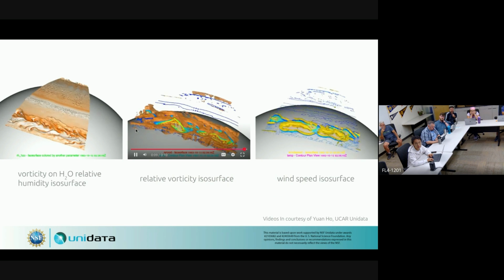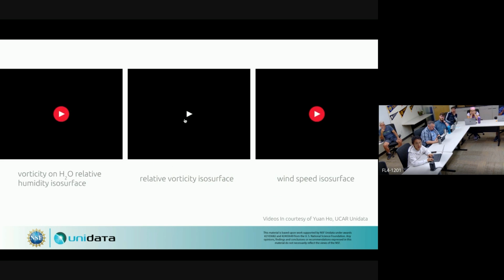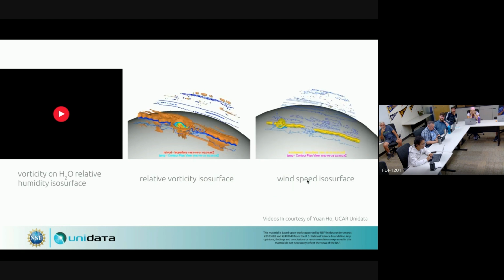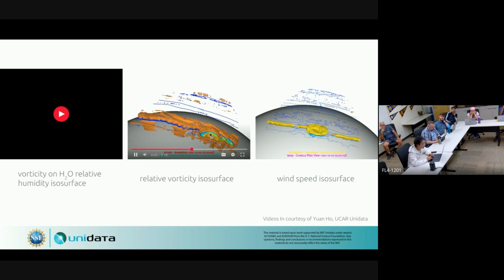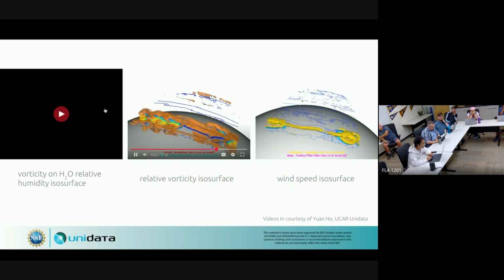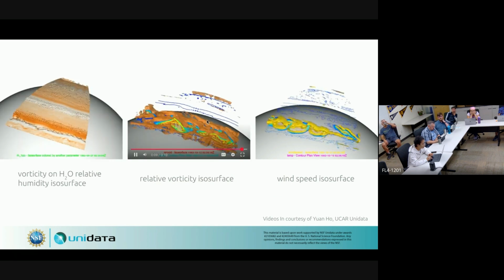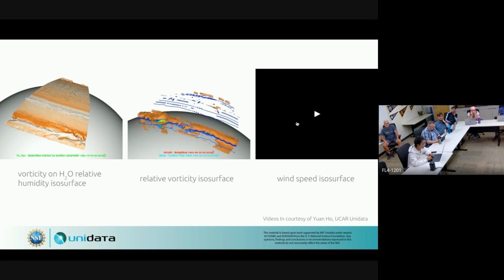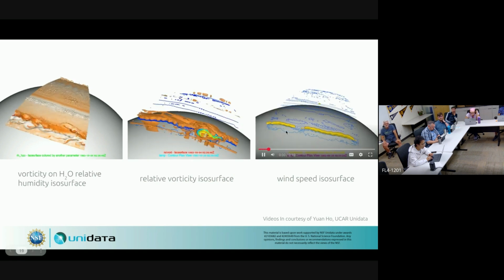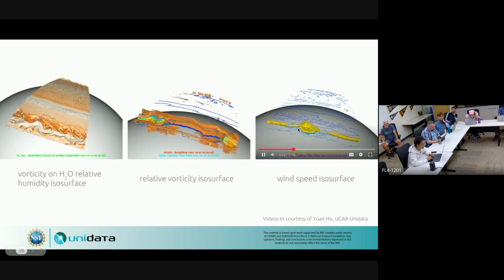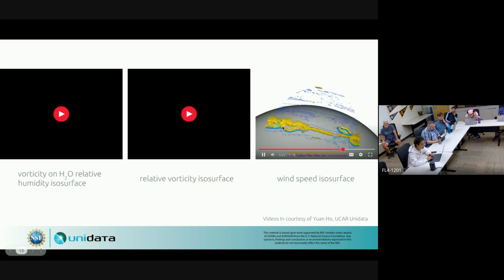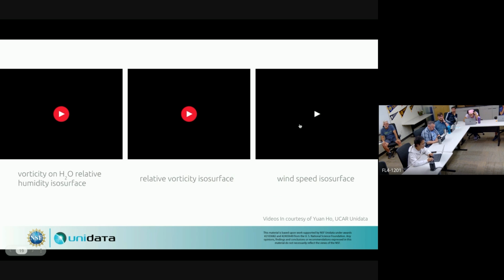You can see they are displayed by different variables. Some are displayed by wind speed, some are relative vorticities that can give us a pretty good view of the vortices structure. You can see here, this is a vortex traveling eastward, followed by a chain of other vortices.